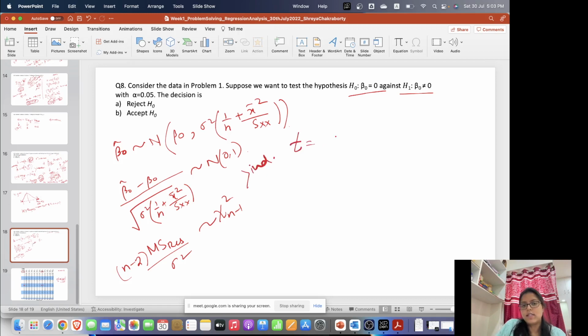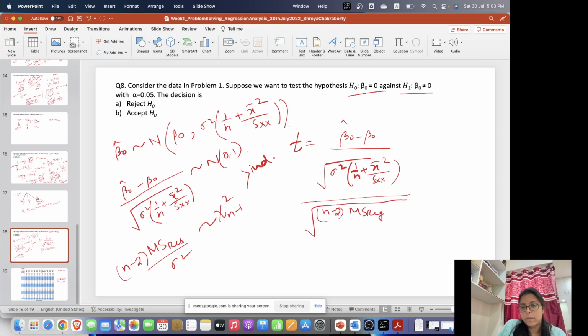So our test statistic, beta naught hat minus beta naught by sigma square times (1 by n plus x bar whole square by Sxx), divided by the root of the chi square mean, follows t n minus 2.